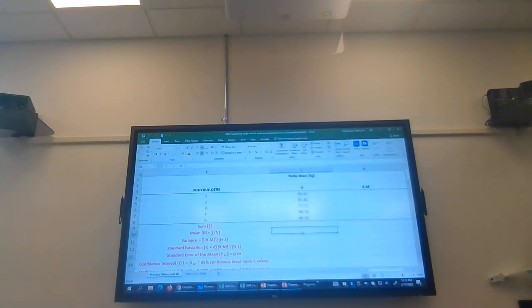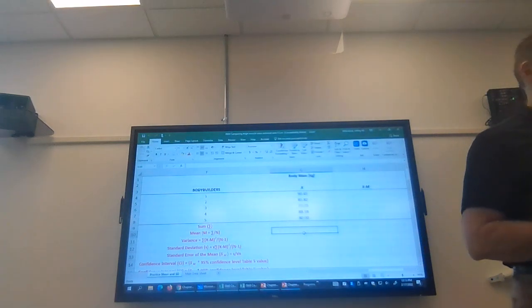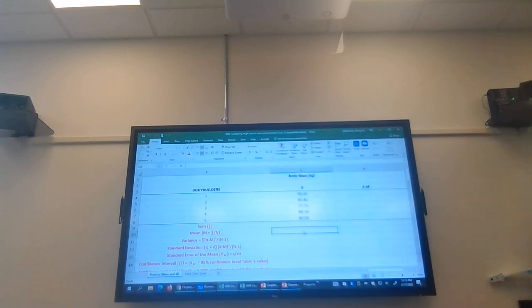So I can do this to review. So the first thing that we do whenever we want to put a formula in a cell is what? Yeah, the equal sign. So equals, and then if I'm taking a mean, what would I type in next?